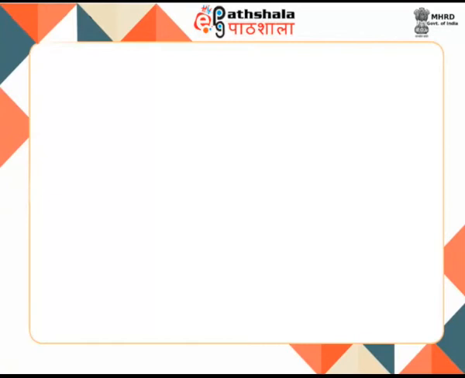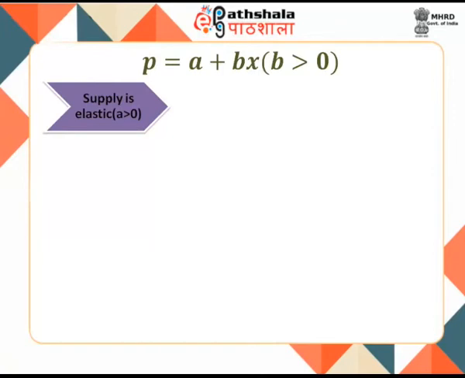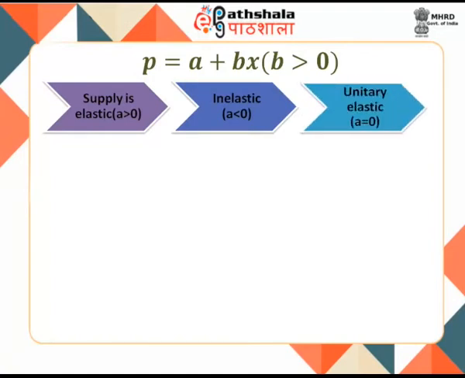Let's look at another example. Show that for the inverse supply function P is equal to A plus Bx, where B is greater than 0, the supply is elastic if A is greater than 0, inelastic if A is less than 0, and unitary elastic if A is equal to 0.